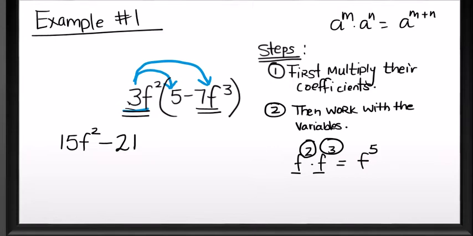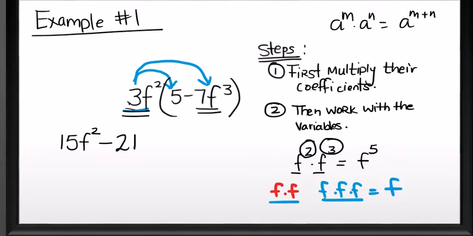And let me also show you the long way. If I want to expand that, this is going to be f times f, and here we have 3 f's. f times f, 3 times. How many f's do we have altogether? 5.